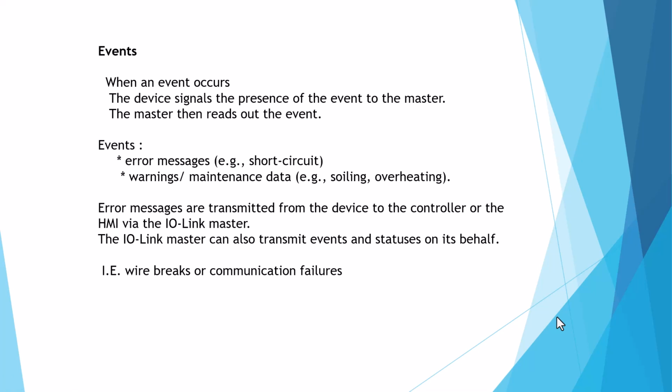Event. What does event mean? Event means it is not cyclic only, it also has error messages. If something is wrong in the system, it sends an error message. This is called an event. Warnings, maintenance state, soldering, overheating, for example, are called events. When an event occurs, the device signals the presence of the event to the master. The master then reads out the event.